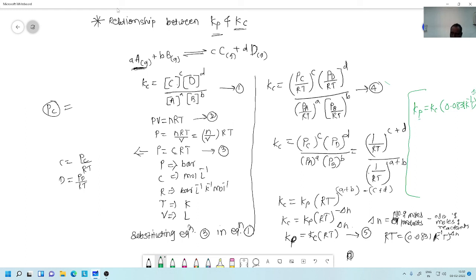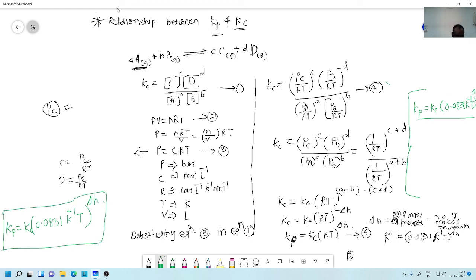I'll write again, that is Kp is equal to Kc into 0.0831 per degree Kelvin, temperature T in degree Kelvin, raised to delta n. This is the relation between Kp and Kc.